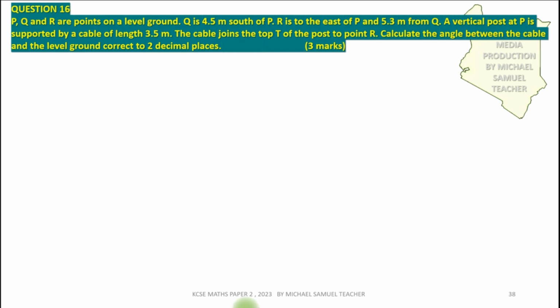The first thing to do is to make a sketch for those points, and we are going to begin with P. P, Q and R are on level ground.